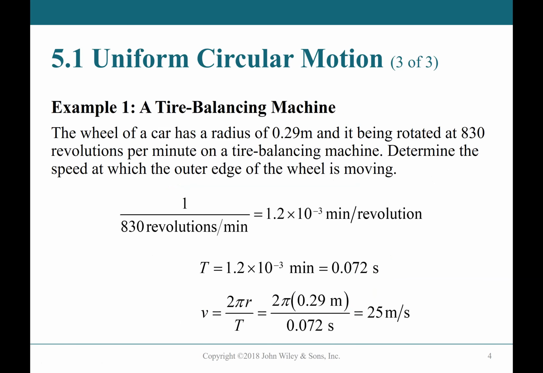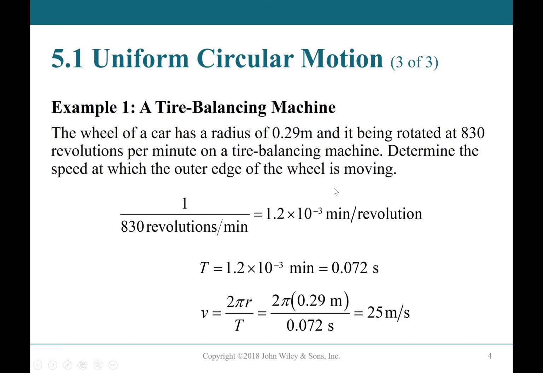So here we have our first example. The wheel of a car has a radius of 0.29 meters and is being rotated at 830 revolutions per minute on a tire balancing machine. Determine the speed at which the outer edge of the wheel is moving.